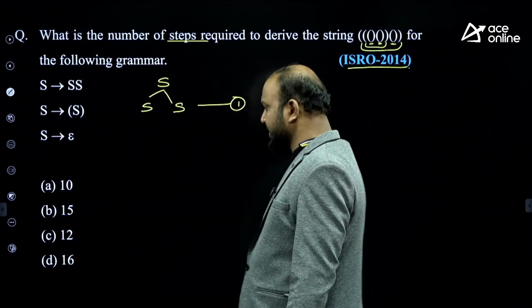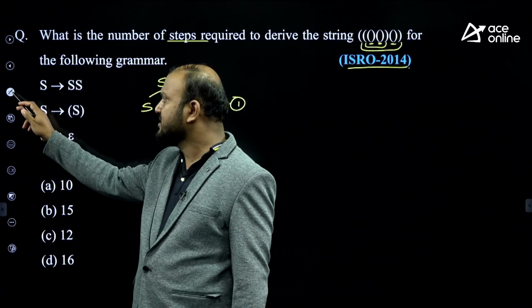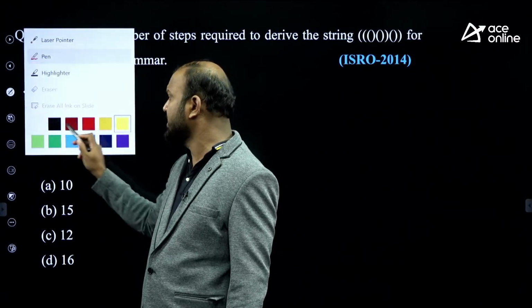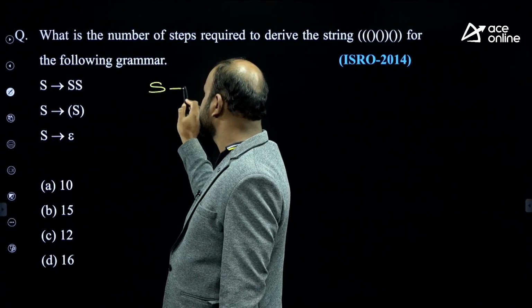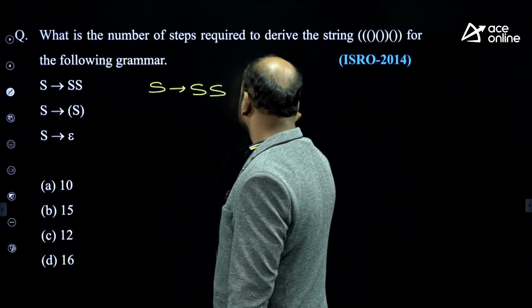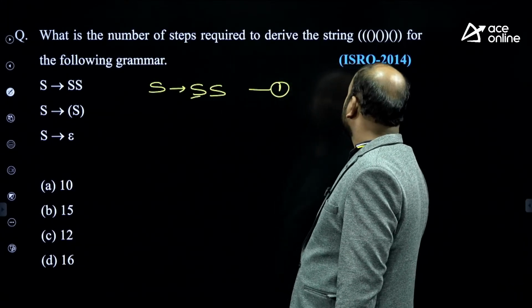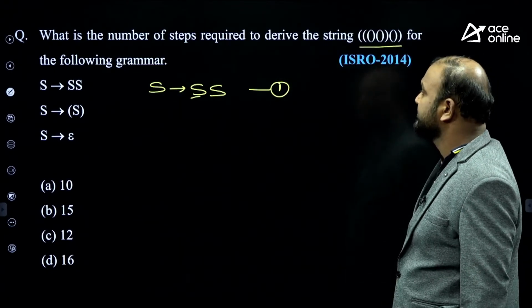Or else instead of drawing the tree, I can draw the derivation steps, because the question is about the number of steps now. So S tends to SS. It is a first step. So I may use leftmost derivation. What is the string I have to derive? This one.